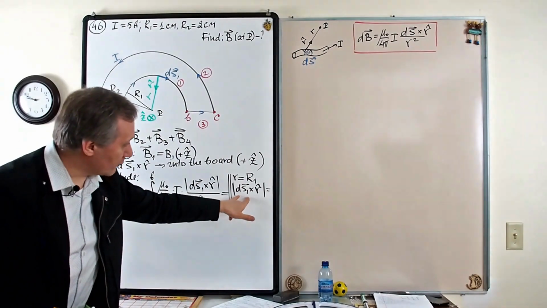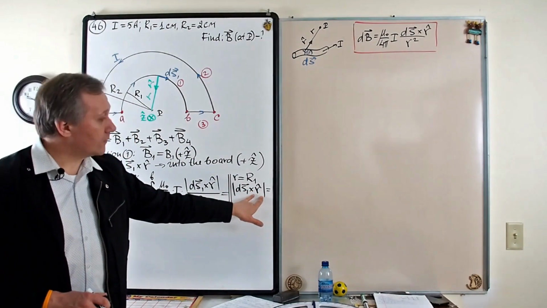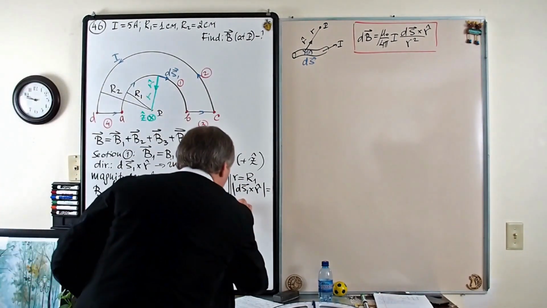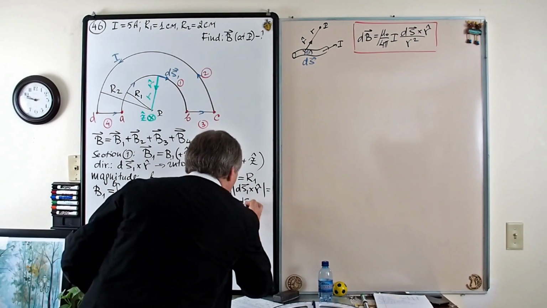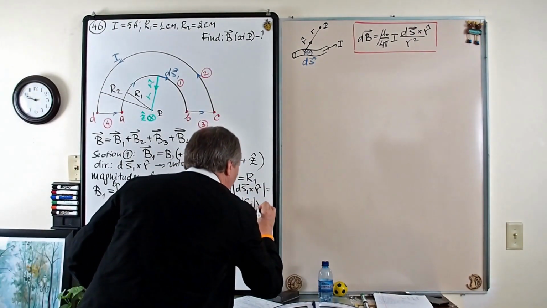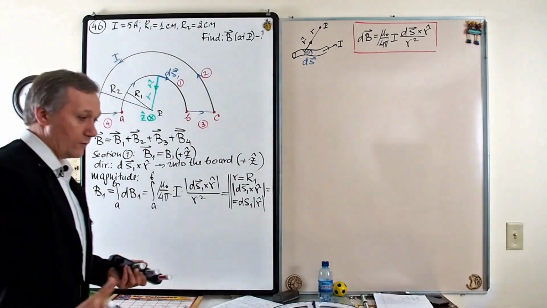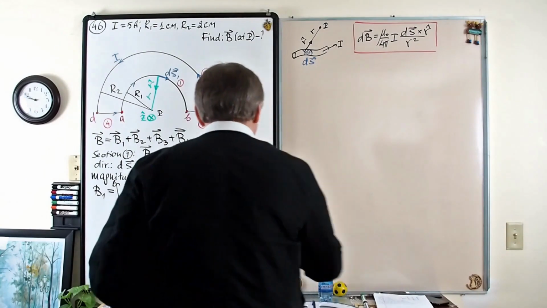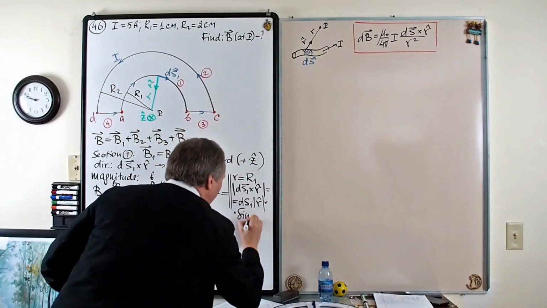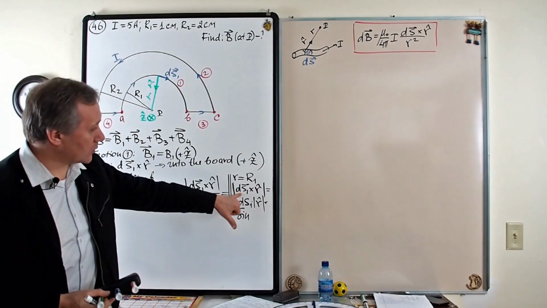It's the absolute value of the first vector times the absolute value of the second vector times the sine of the angle between them. So the absolute value of ds is ds1. The absolute value of r hat is just 1 by definition, since any unit vector has a magnitude of 1. And times the sine of the angle. Which angle? The angle between vector ds1 and r.